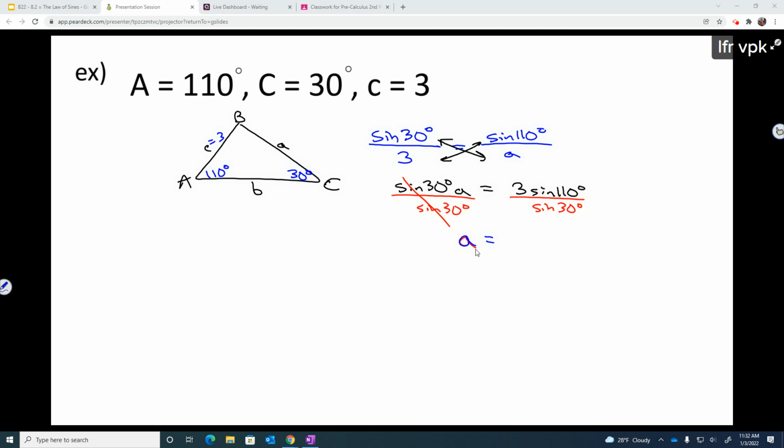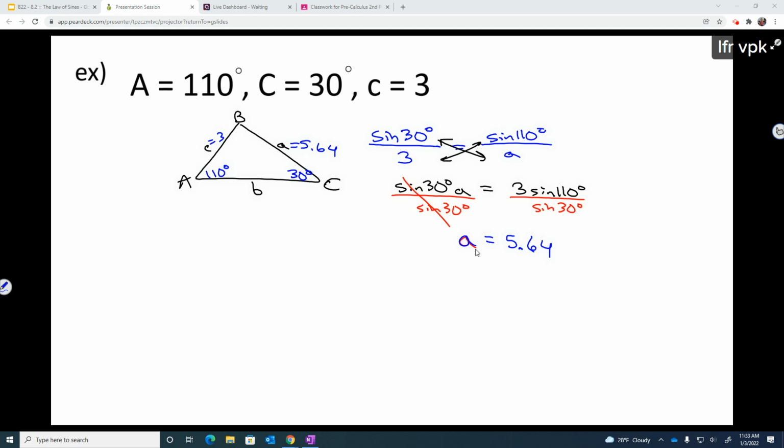What do we get? 5.63 or 5.64. 5.64. Okay. And then you can even check at this point. If the first one was 30 and the side opposite was 3, this one's 110 and the side opposite is 5.64. So it makes sense so far. Bigger side opposite, bigger angle.